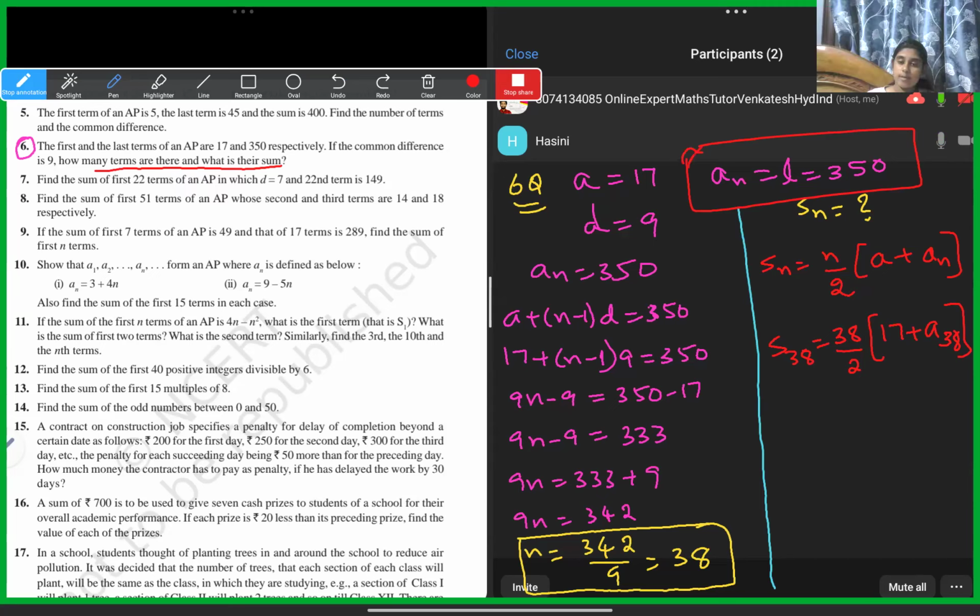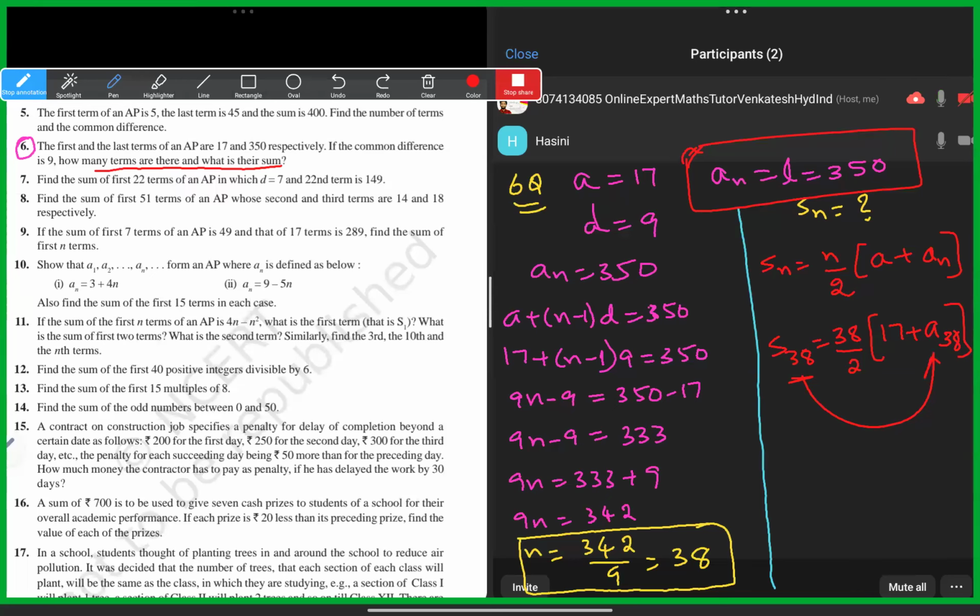If we are using the second formula, whatever n is here, that related term only we must have. I was stressing this point many times, Hasni, because students make mistakes here.